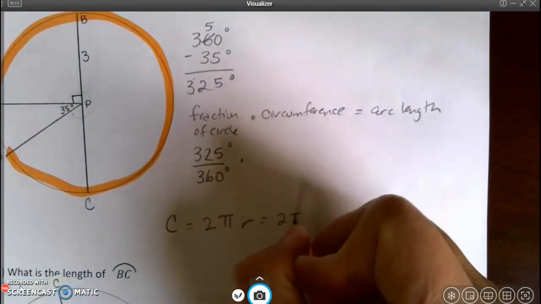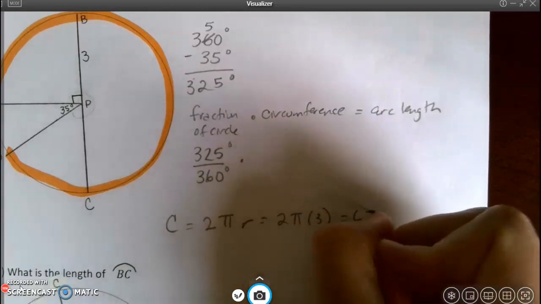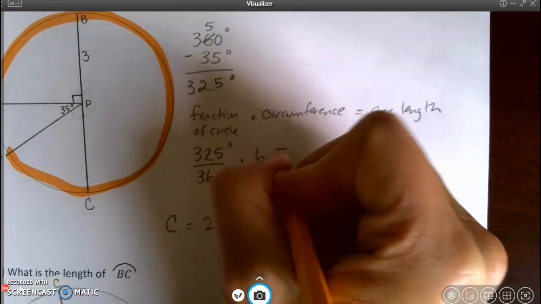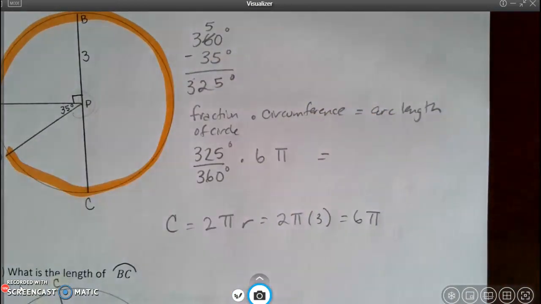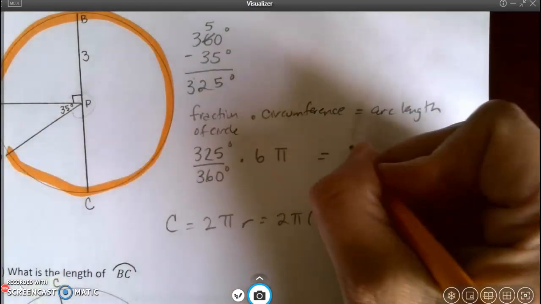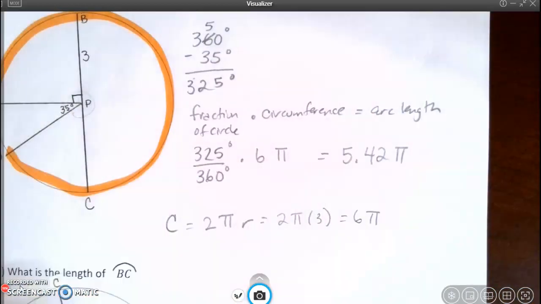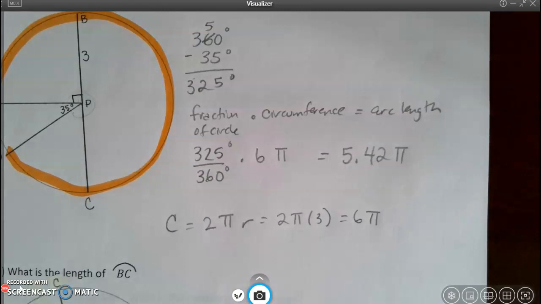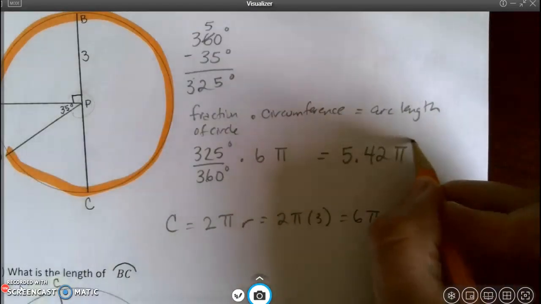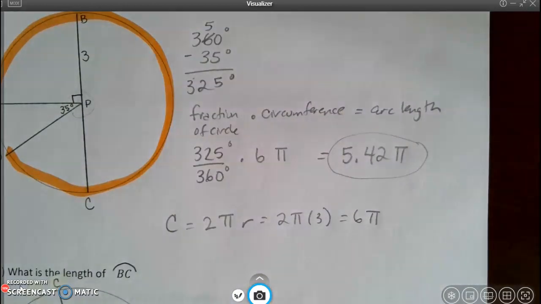So I'm going to have 2 times pi times 3, or 6 pi. That's going to give me my arc length. So I take 325 times 6, and then I divide by 360, and I get 5.42 pi. Let's see if there's a fraction for that. Math, enter, enter. 65/12 pi. I think I'll just leave it as 5.42 pi.